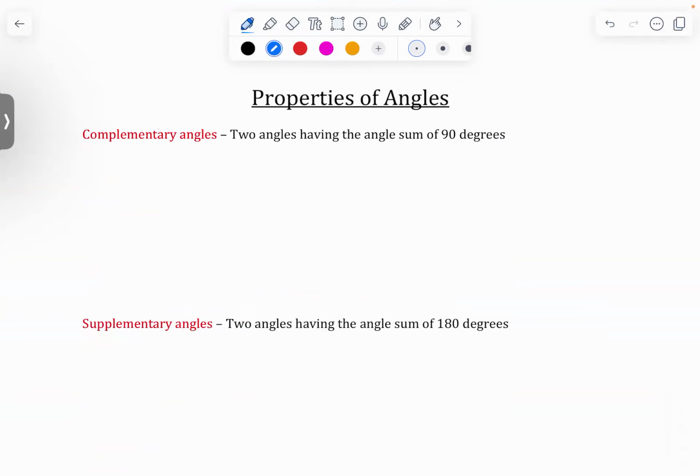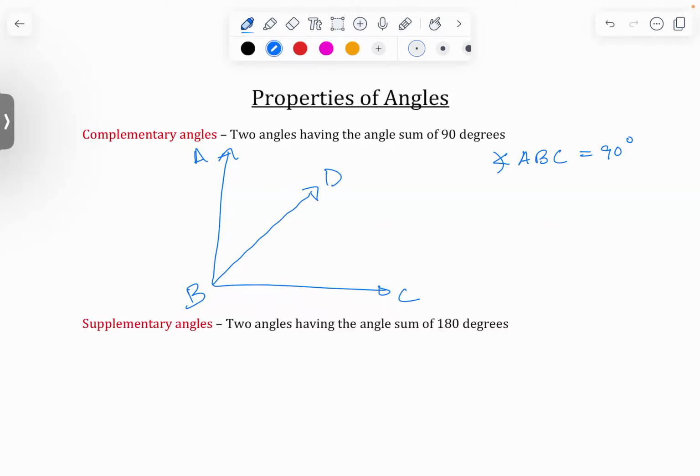Some notation, all right? So lots of verbiage and notation that we're going to have in geometry. Complementary angles, two angles that sum to 90 degrees. So typically when we write angles, A, B, C, right? So we say notationally, I say angle ABC equals 90 degrees. Then I'm going to split this, and I have D. So now I have angle ABD.